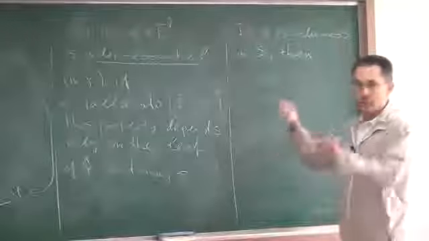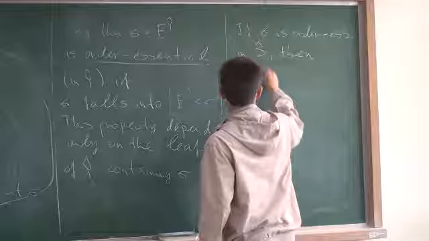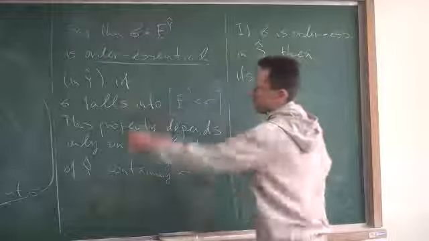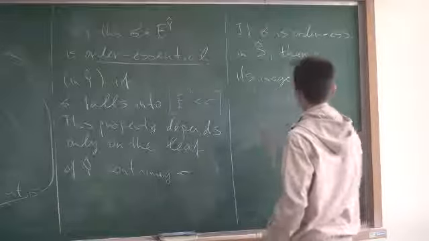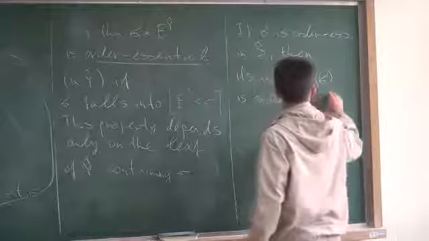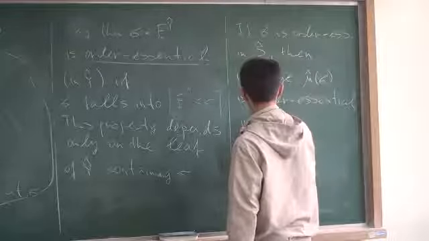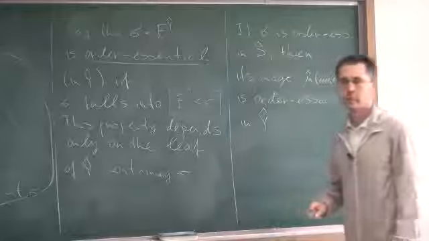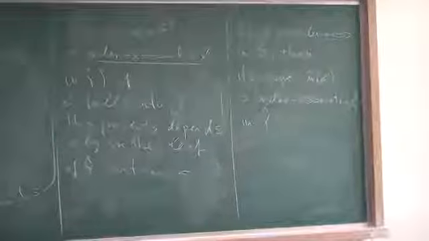So this property of being order essential is preserved under leafage maps. So then its image, let's say mu of sigma, is order essential in y hat. That's one observation: the property of being order essential is preserved under leafages.